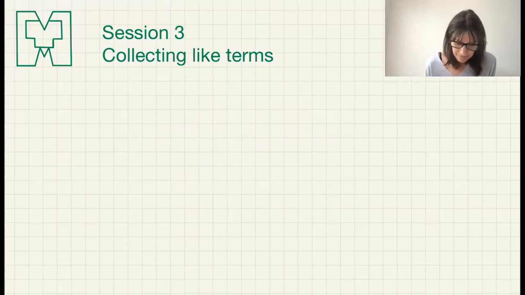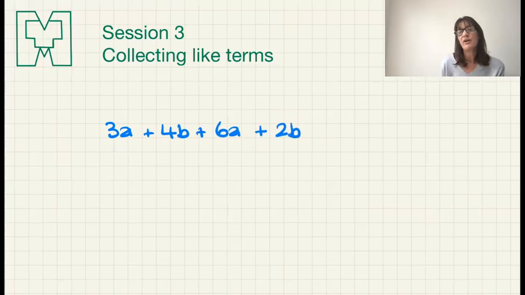Okay, now, this is when they start to get harder, because we see things like 3a plus 4b plus 6a plus 2b, and we're told to simplify or collect this up. Now, it's really important that we remember that the A's and the B's don't come together when we're adding or subtracting them.